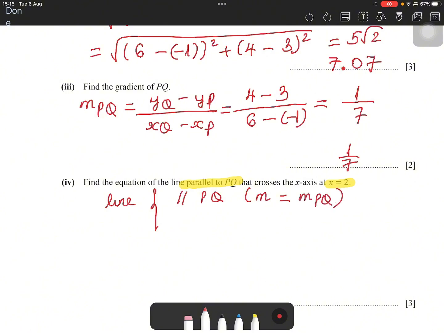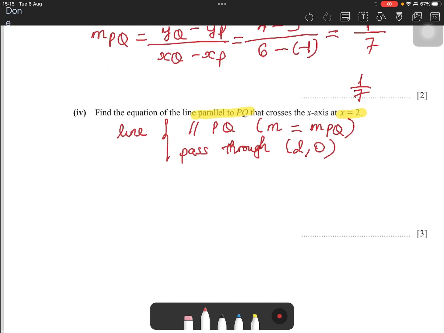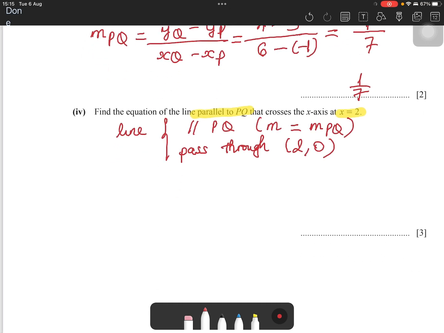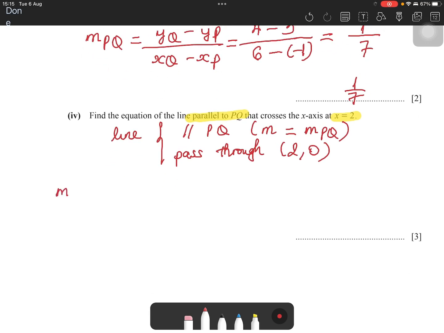Second, it crosses the x-axis at x equals 2, which means it passes through the point (2, 0). So we use these two properties to find this line. First, the gradient of this line is equal to the gradient of PQ, which is 1/7.